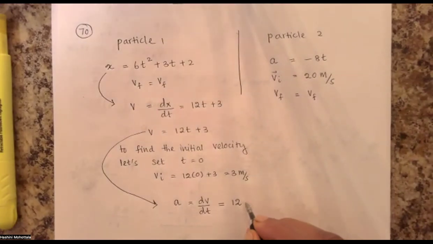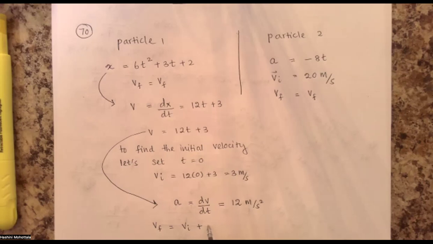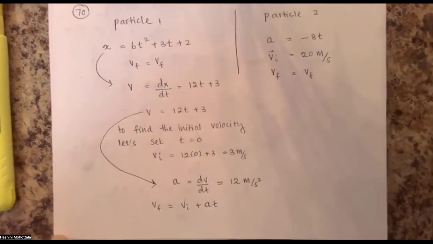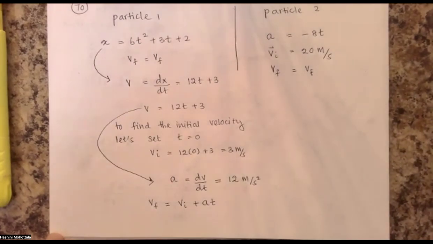Now that we have the initial velocity and the acceleration, we can write an expression for final velocity. That would be our first equation, V final equals V initial plus AT. I picked the very first equation because clearly the acceleration here is a constant, 12.